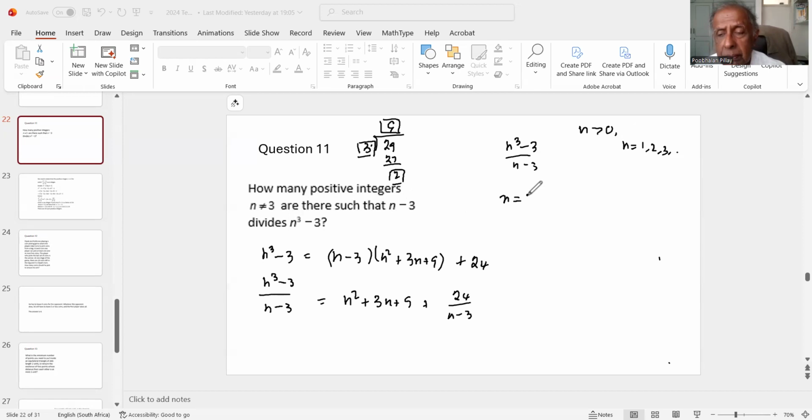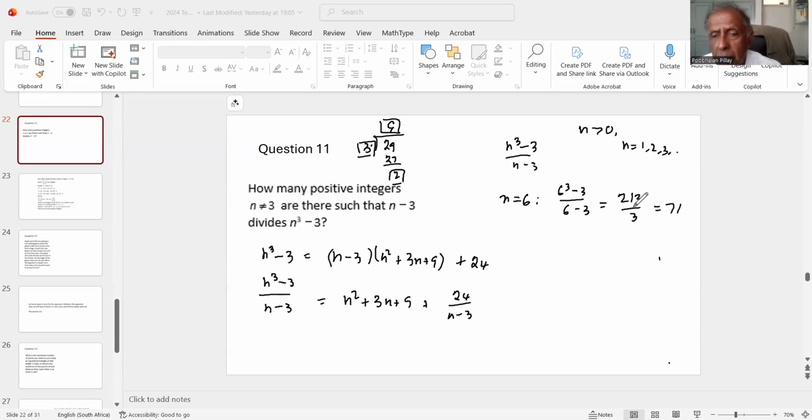N equals 6. Now you have 6 cubed minus 3 over 6 minus 3. When you work this out, you get 213 over 3, and you see 3 goes exactly into 213, and you get an integer as the answer.